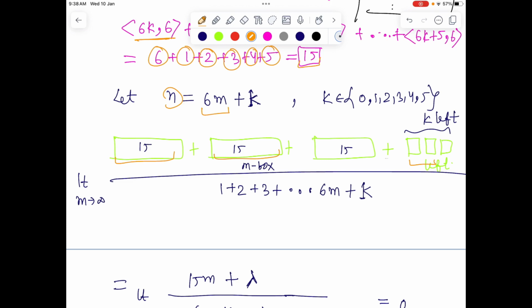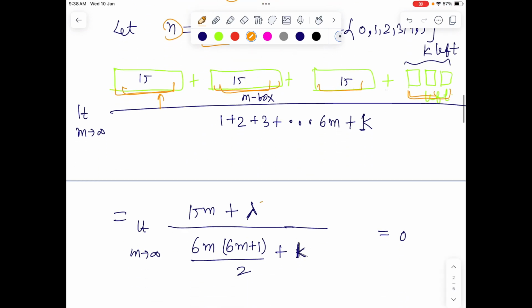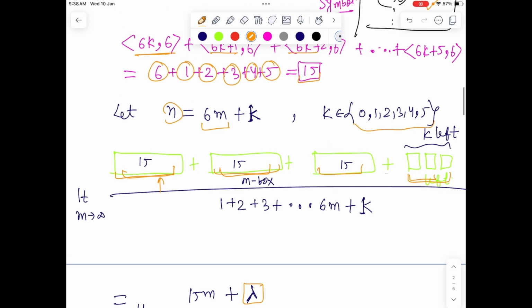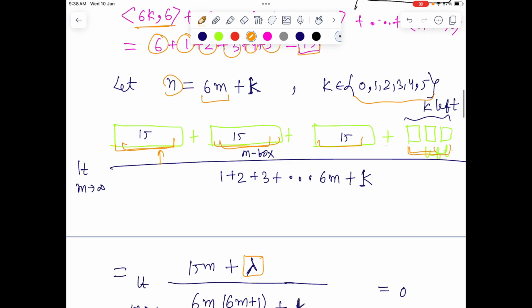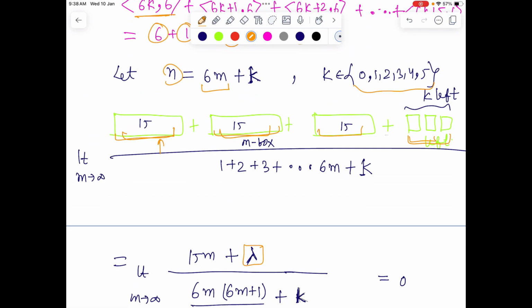The leftover box can have 0, 1, 2, 3, 4, 5 items. Now every box has a GCD sum of 15, so we have 15 plus 15 plus 15, m times, and then the leftover sum. That will be a finite sum because it comes only from 0, 1, 2, 3, 4, 5. So let's call that finite sum lambda.